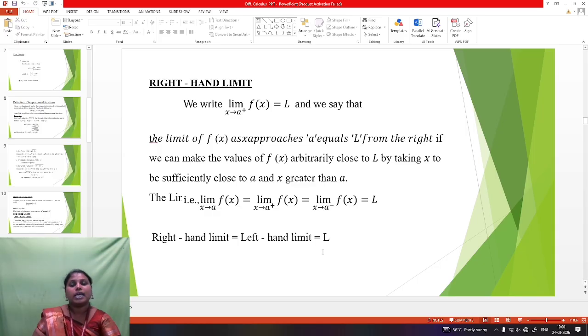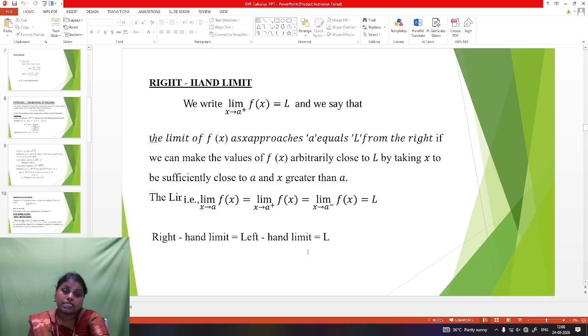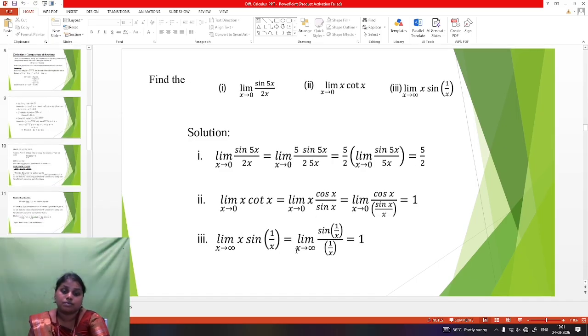The limit exists. Right-hand limit equals left-hand limit equals L, so the limit exists.